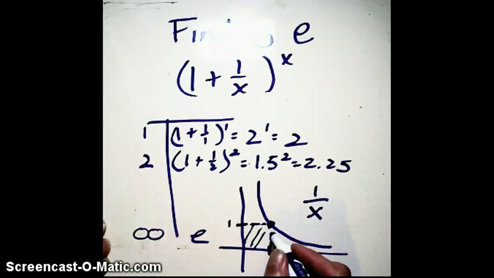If I wanted to find that much area under the curve, believe it or not, it stops at E, which is 2.7. So that area is 1 and that area is 1 too. Just a little extra finding E. Hope that helps.